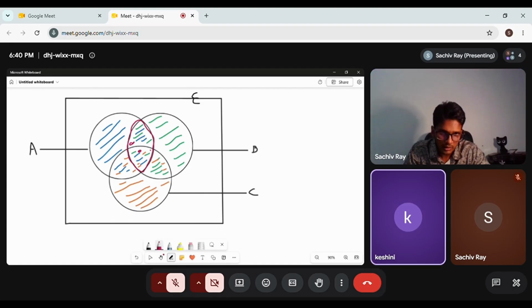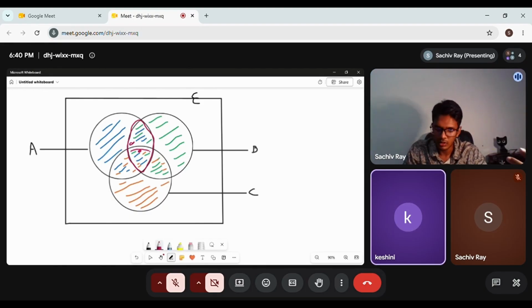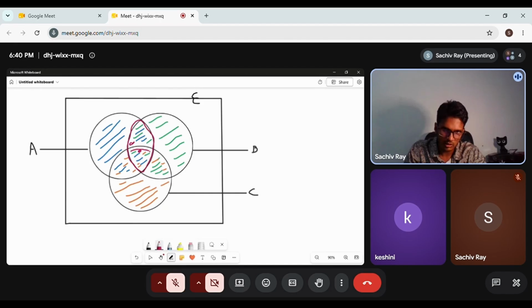In the bottom half we had green, blue, and orange. Orange is for C, green was set B, and blue was A. So now we have to check in both these pieces.